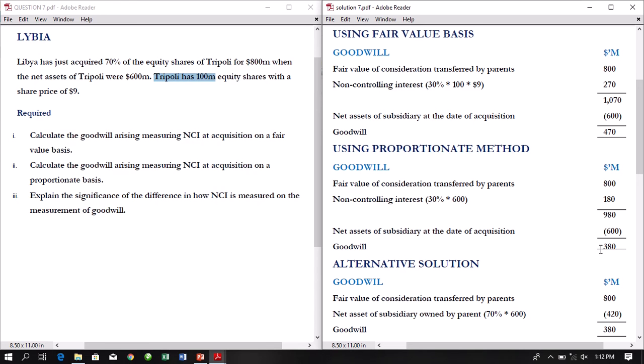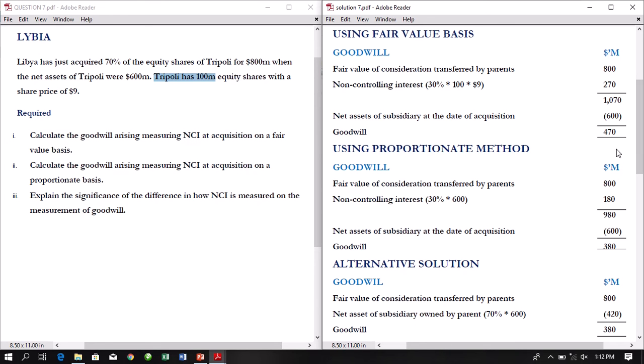And as such, if there is any impairment using the proportionate method, that impairment will be suffered by only the parent company alone.